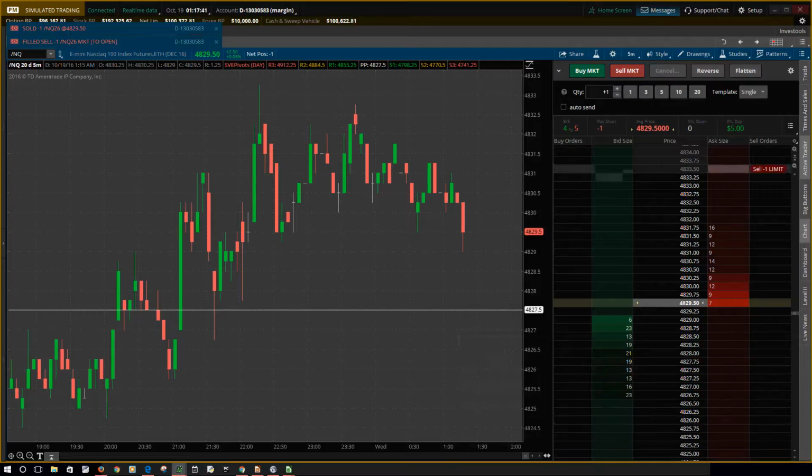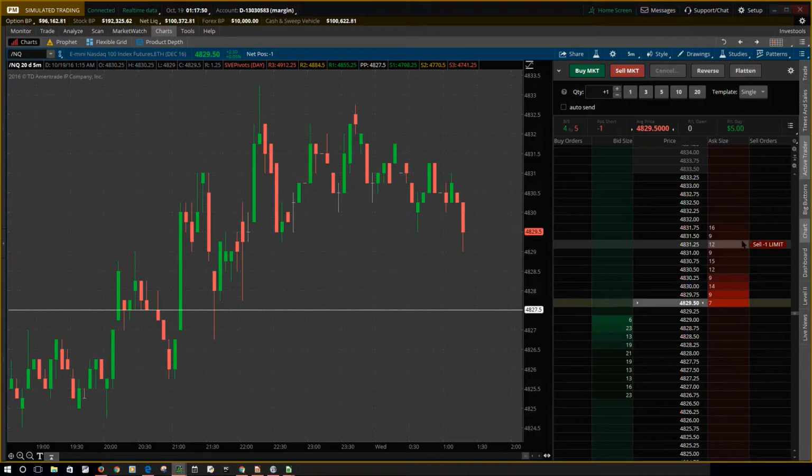Now, on this platform, when you sell, in order to close your order you have to have a stop in place. You have to have a buy order in place. Your target is going to be a buy order, and your stop is going to be a buy order.